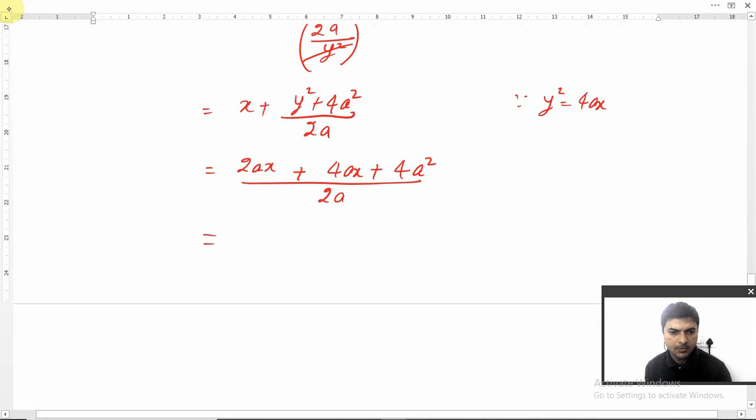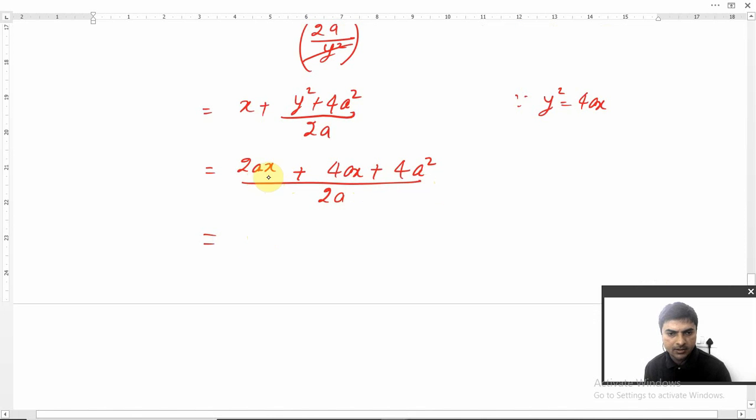So this is equal to, if you simplify, 6ax, and this is going to become 4a square.